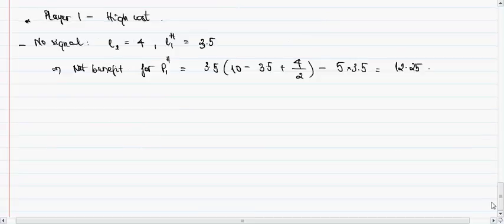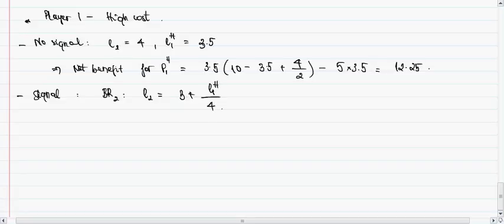Now we're going to do exactly the same as what we did for player 1 of the low cost. We're going to find the net benefit under the case of signal. If player 1 is sending a signal to player 2, then the best response function for player 2 is going to be L2 equal to 3 plus L1 of a high cost divided by 4.